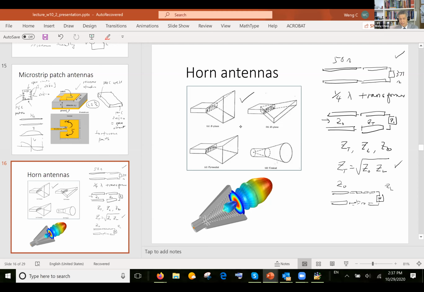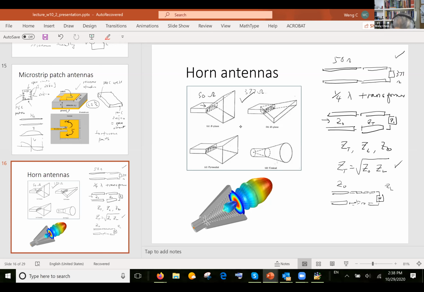It gradually transitions from the impedance of the waveguide to the impedance of free space. The waveguide might have 50 ohms here, and free space is 377 ohms. So you try to design the antenna in such a way that they are impedance matched, so that if you send a wave in here, most of the energy is radiated and does not get reflected. So these are just different kinds of horn antennas.